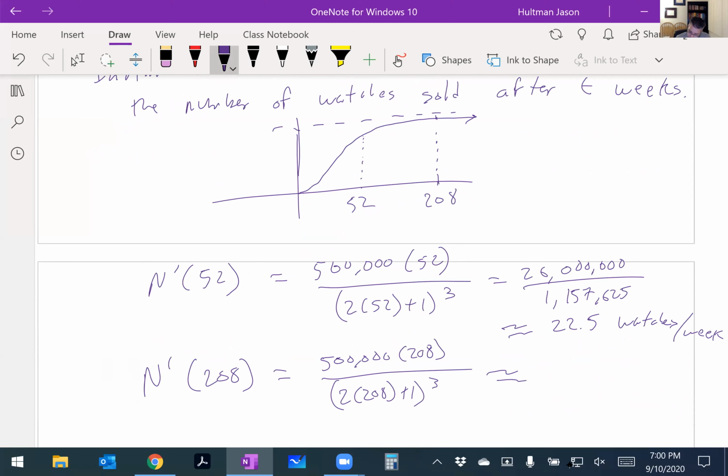This comes out to be about 1.4 watches per week. So not a lot of watches being sold every week after 4 years. Again, it makes sense with the graph that I showed. We're not going up by many watches every week after 4 years, but we are selling around 22 to 23 watches per week after 1 year.